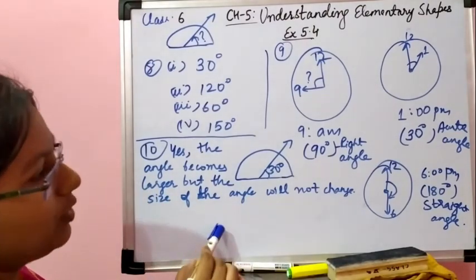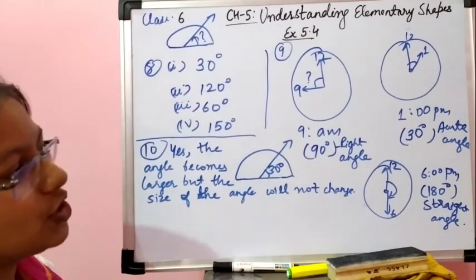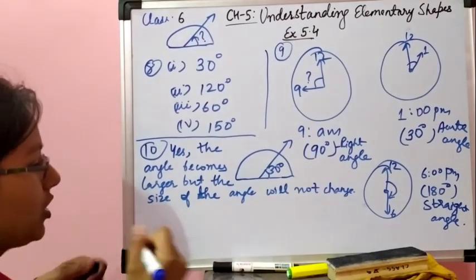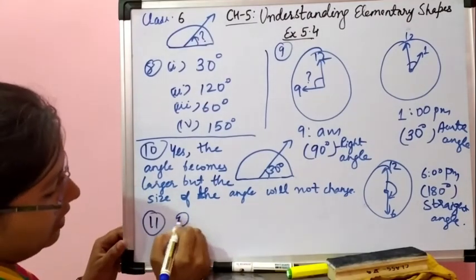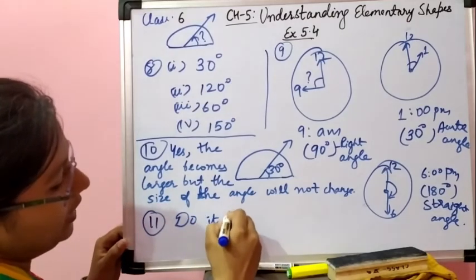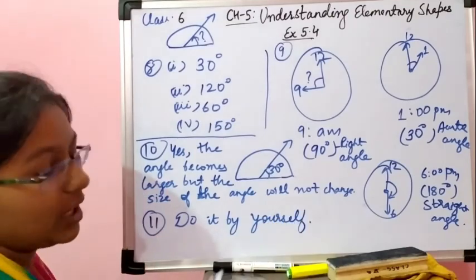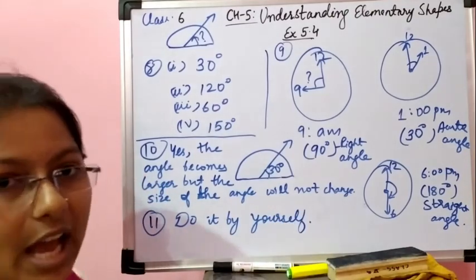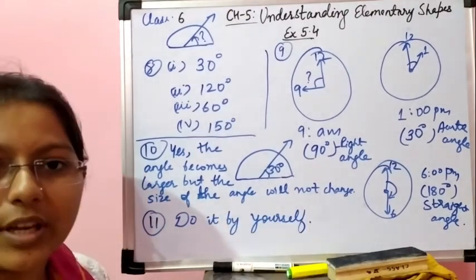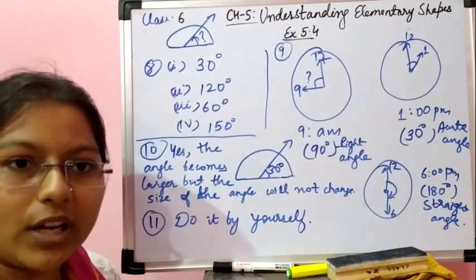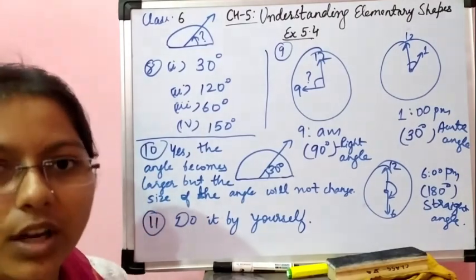When you complete this exercise, then I will share the final answer of question number 11. Do it yourself and then I will share the final answer, so you can cross check that whatever you have done is right or not.